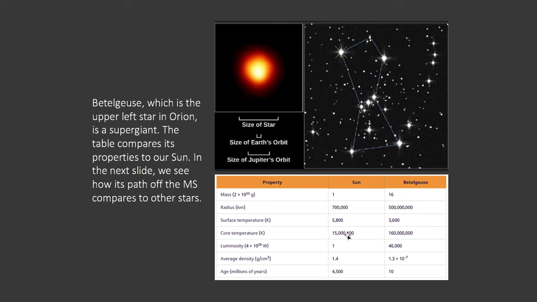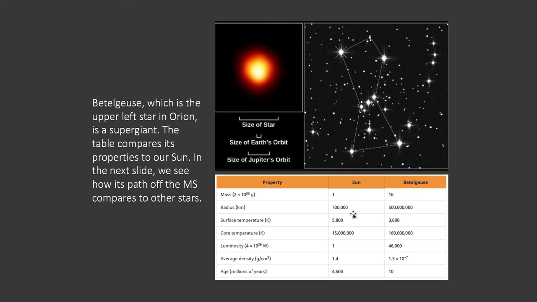Its core temperature has gone up due to the increase in pressure. Its luminosity is much, much greater. But because it's blown up to such a big size, it's not very dense. That means the outer parts of it have gotten way, way, way less dense. The star has expanded to such a big size.